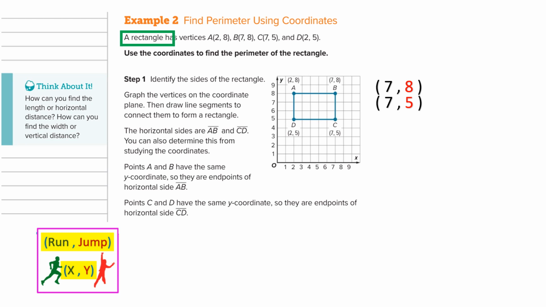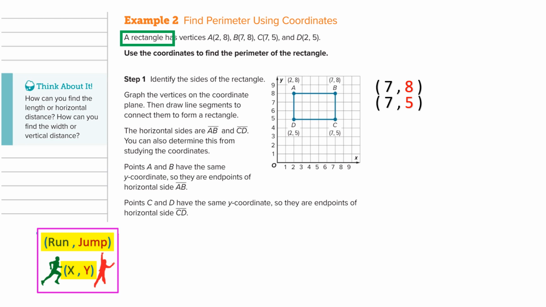So they will never be paired up. Okay? So I'm going to use, in this particular example, 7, 8 and 7, 5, which is B and C. For the same measurement, I could have used A and D because the 2's are the same. Either way, I have to take one of those pairings that make up either the left or right.